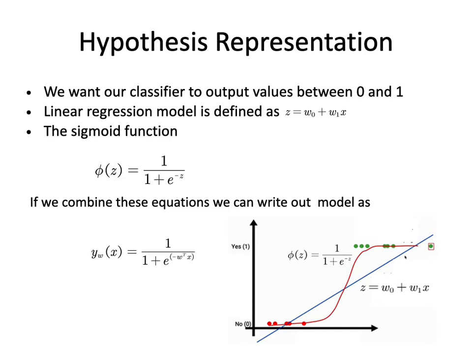So logistic regression comes in. Let us try and build a new model, which is known as logistic regression. In linear regression, the equation of the best-fit line is defined by two parameters, w0 and w1, and z is equal to w0 plus w1x.